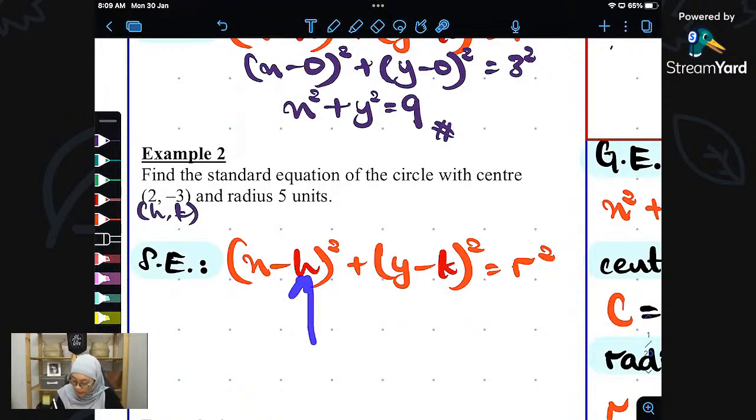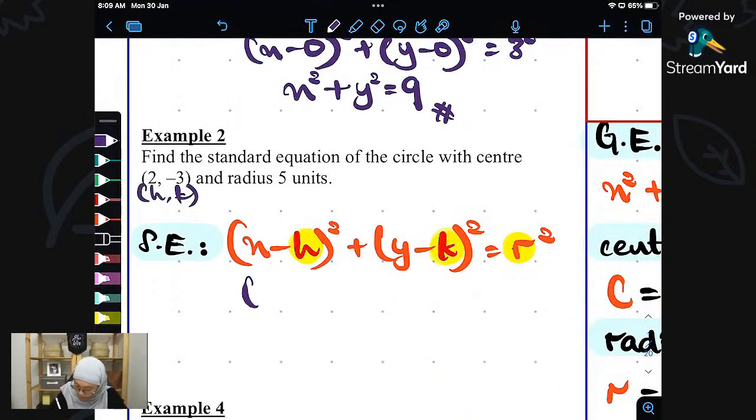So we just substitute in the h, the k and the r. That is our job. Find the h, the k, and the r. And so it gives us x minus 2 squared plus y minus -k.